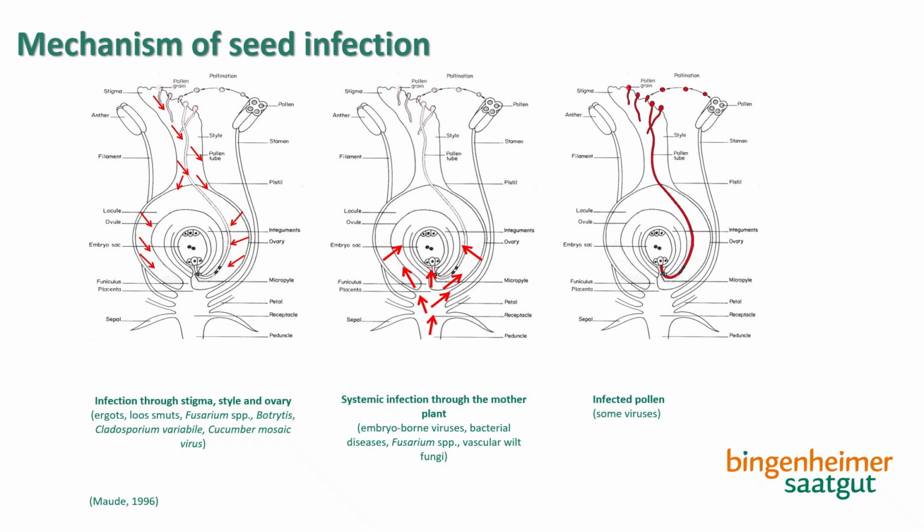As I mentioned, they can transmit the pathogen into the embryo, and these are, for example, some embryo-borne viruses, also some of the bacterial diseases, Fusarium species, but also vascular wilt fungi, like, for example, Verticillium. And then the pathogen can also be transmitted via infected pollen, and this is a known pathway for some viruses.